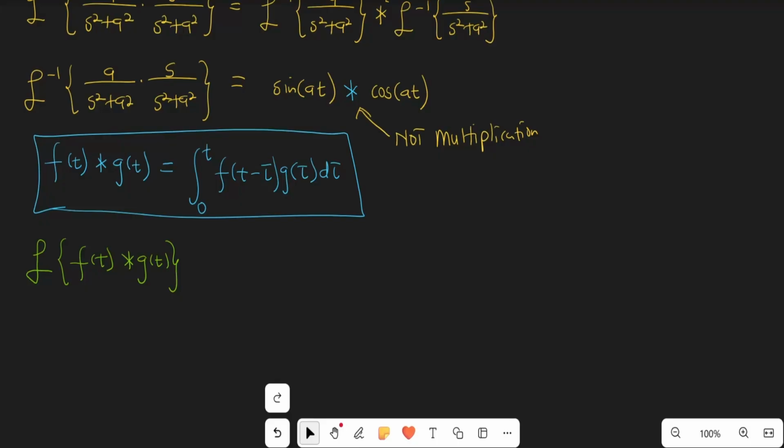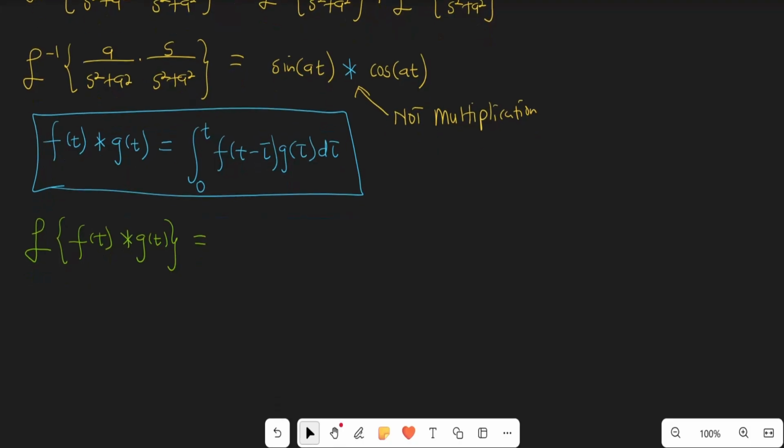So the Laplace transform of f of t convoluted with g of t, we already know what the Laplace transform is. That is the integral from 0 to infinity of e to the negative s times t, and we are going to multiply by what we are going to transform. What we are going to transform is f of t convoluted with g of t, which can be replaced with the definition.